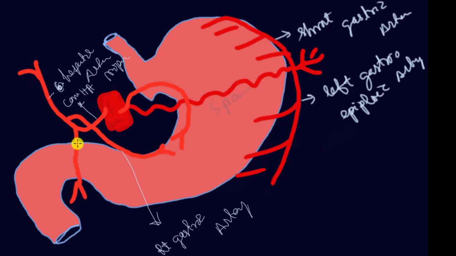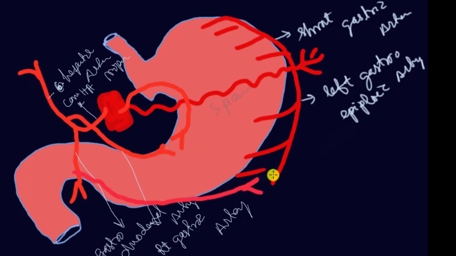Then here you'll find another artery. This artery is your gastroduodenal artery. From this gastroduodenal artery, another artery is also coming, running in this way, and it is going towards the left.